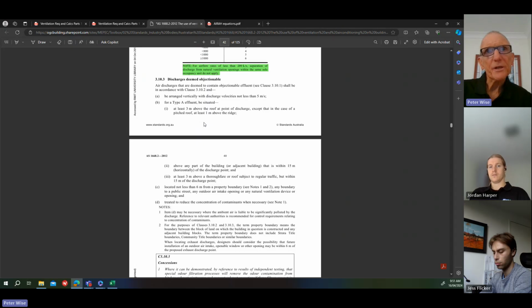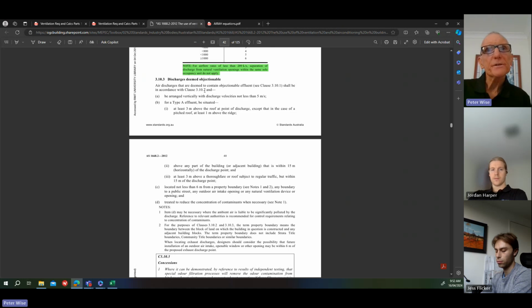So what we're saying is objectionable is it's a hazard to us breathing the air. It might be noxious, particularly from a lab. You might be breathing in fumes that could be potentially life-threatening. So this is serious stuff, and it might pollute the environment as well on the discharge.